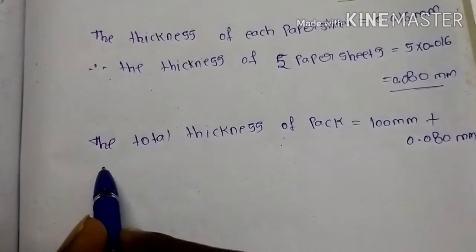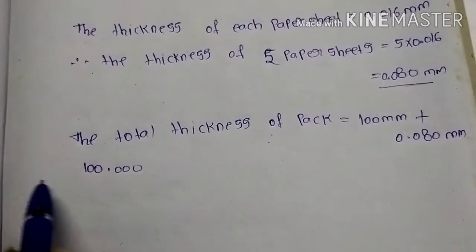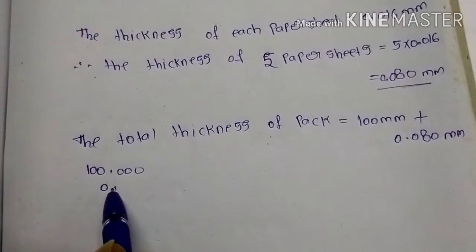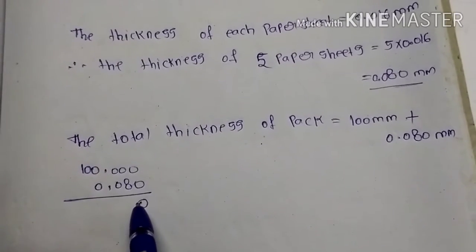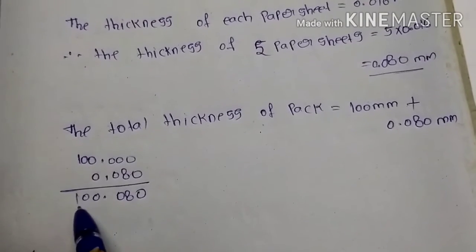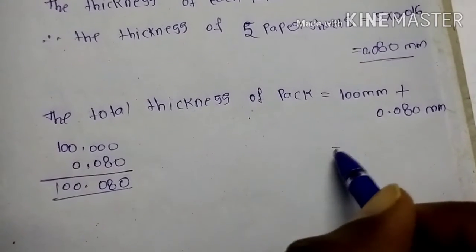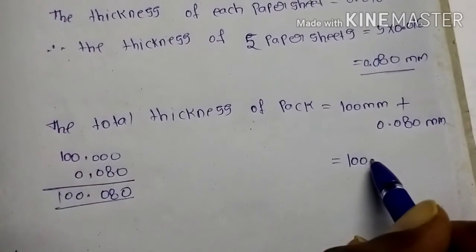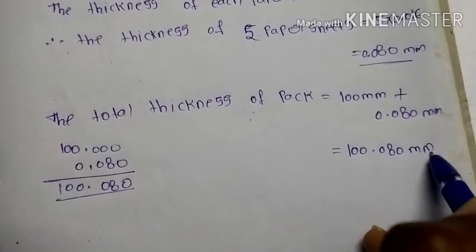See, a rough work I am doing. 100 mm means 100.000, plus 0.080. Just add both: 0, 8, 0, 0, 0, 100. That means your answer will be 100.080 millimeter.